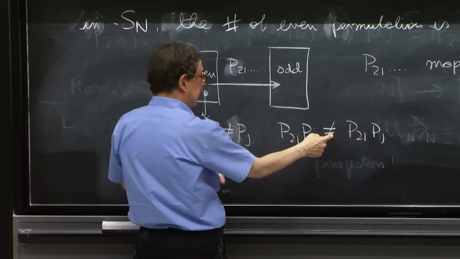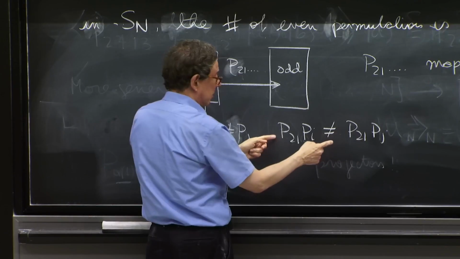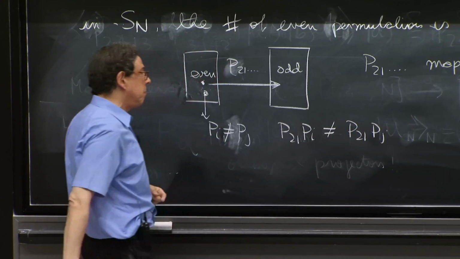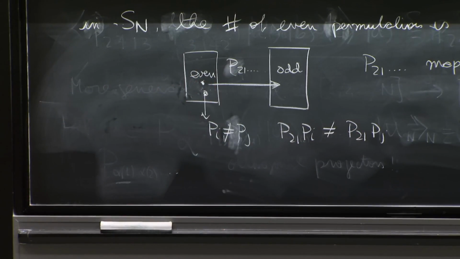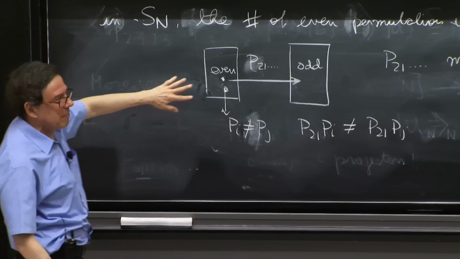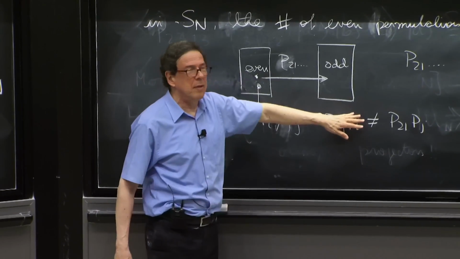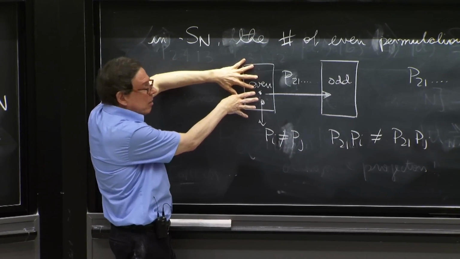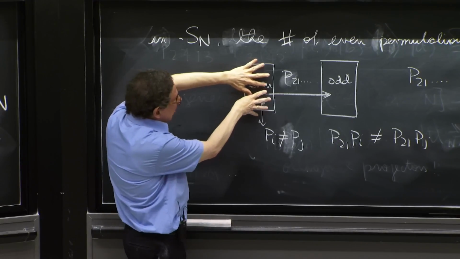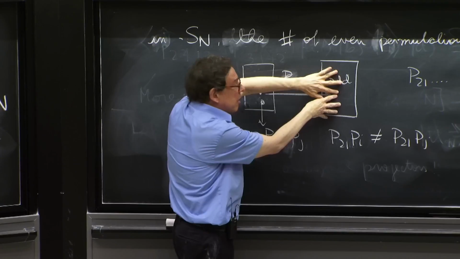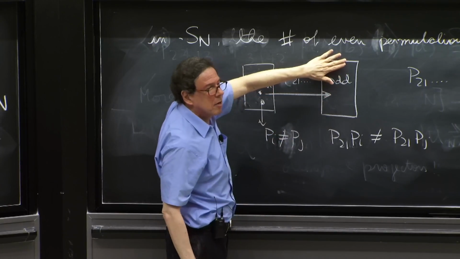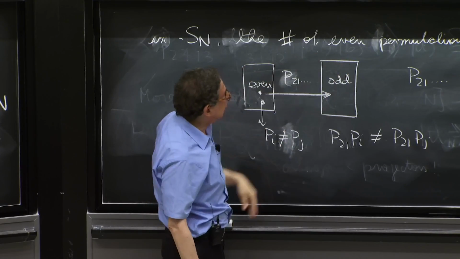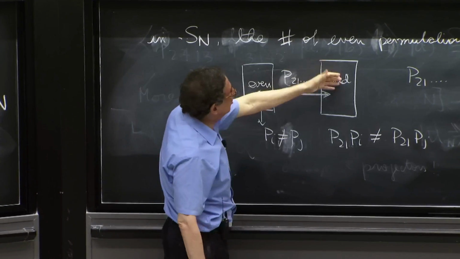Because if they were equal, P21 has an inverse, is itself P21, so you could multiply it in, and then you would show that Pi is equal to Pj, and that can't happen. So 2 different elements here will go to 2 different elements there. So if you think of all your elements here, if you have 20 elements here, they go to 20 elements here. The only thing that can happen is that some elements are not reached here. That would mean that these 2 sets are not the same. So you need to show that this map reaches everybody.